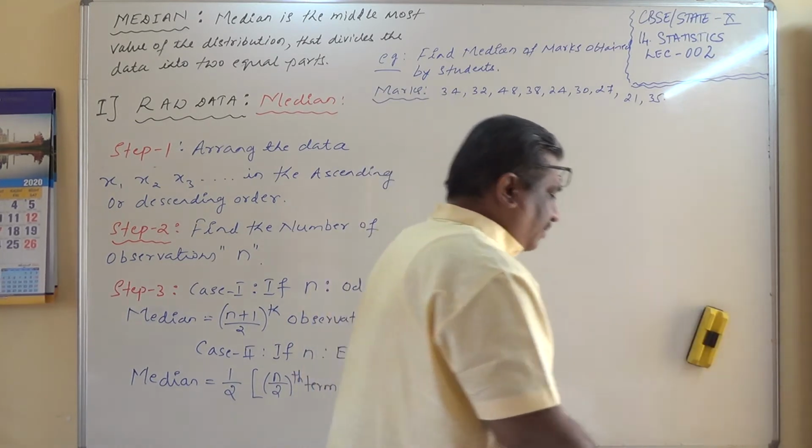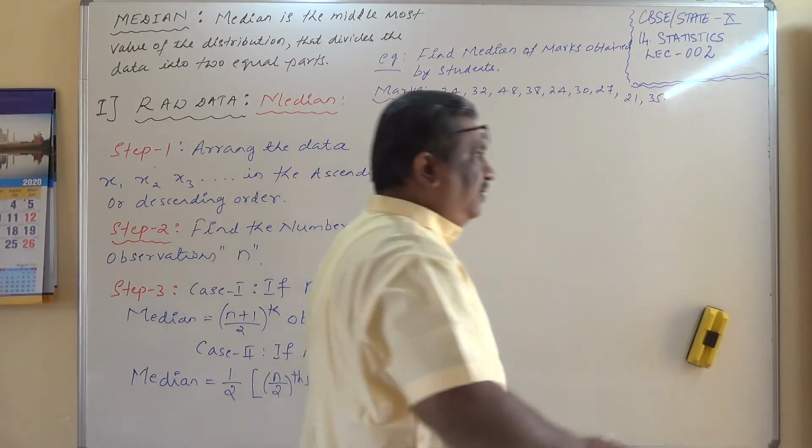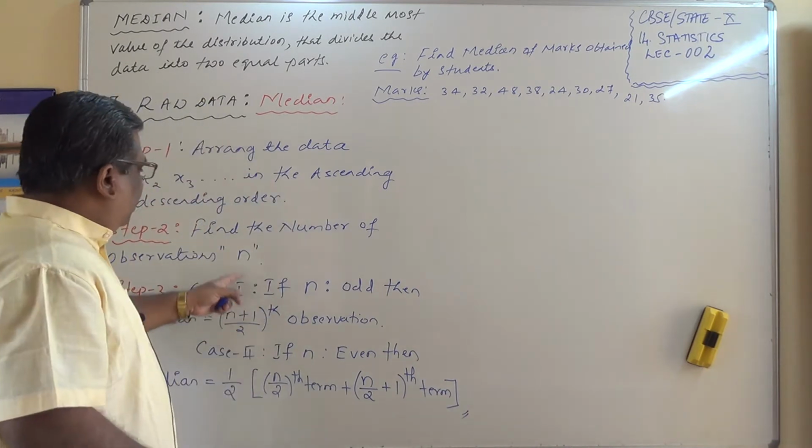It is correct. 9 observations are there. So we are taking the first example where n is odd here.